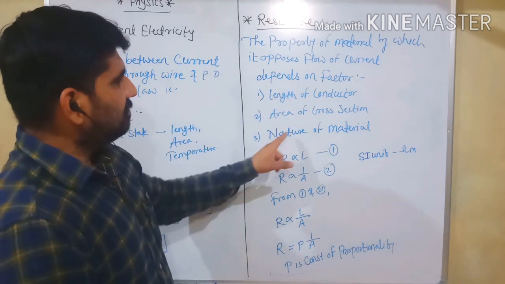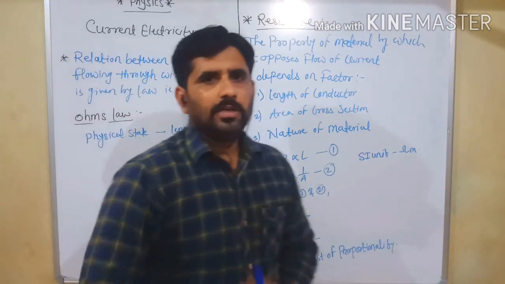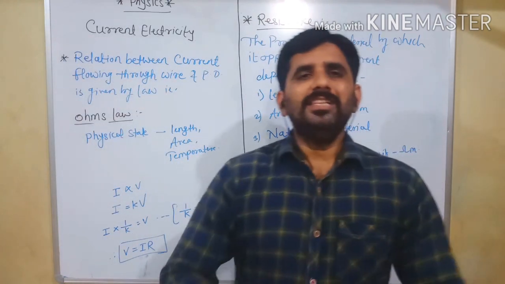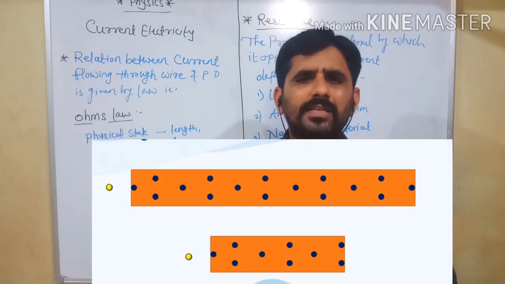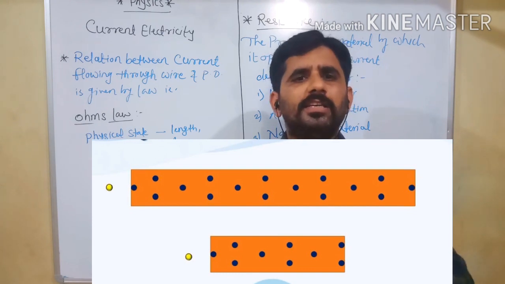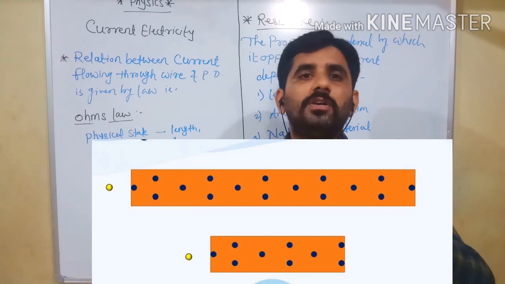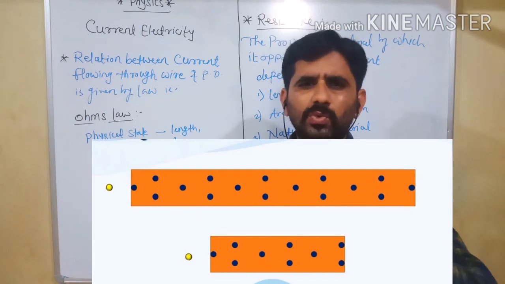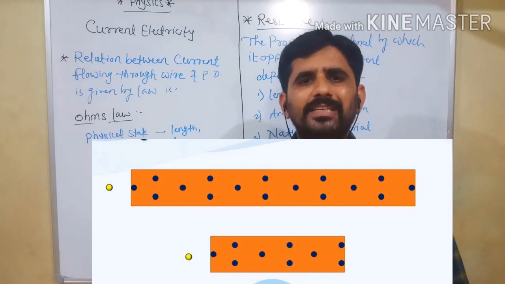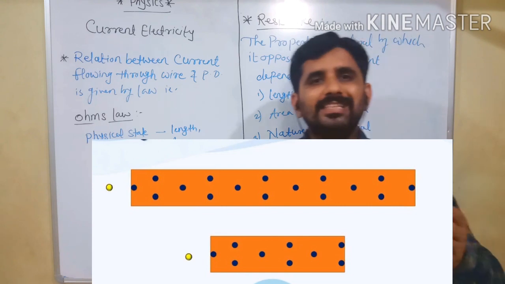The first factor is the length of the conductor. When the length of a conductor increases, the electrons have to suffer more collisions while traveling from one point to another. So the resistance of a conductor increases with an increase in length.